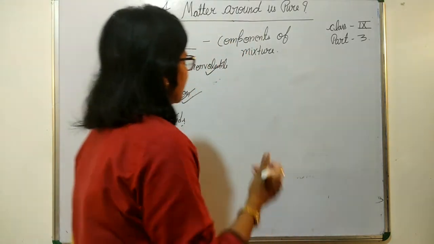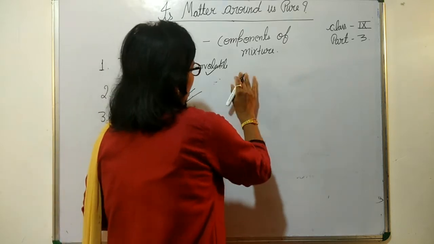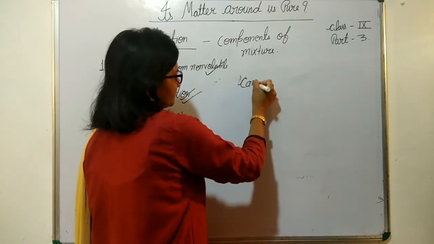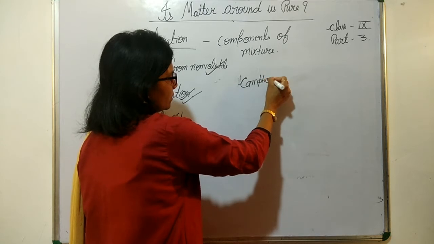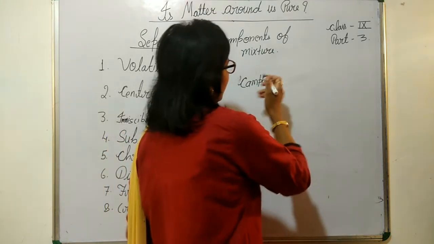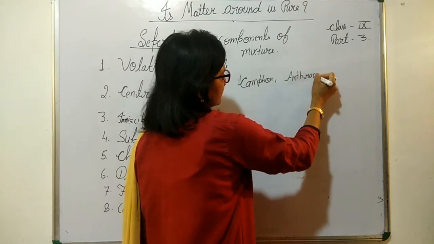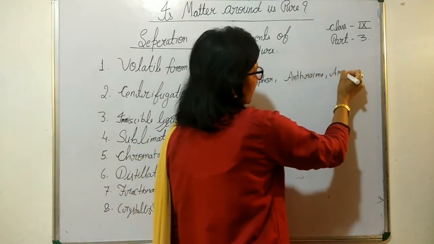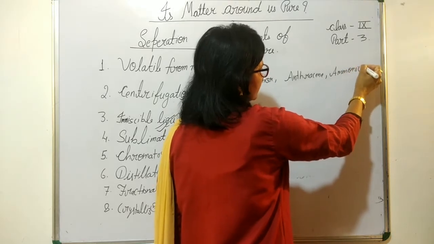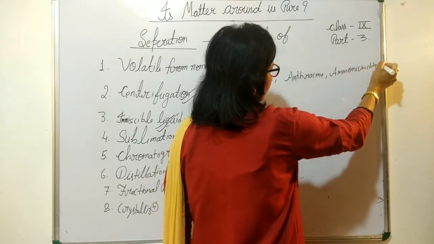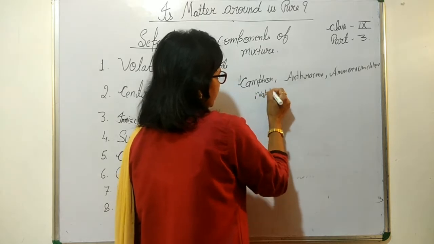There are some examples like camphor, or you call it kapoor in layman language, then anthracene, then ammonium chloride, naphthalene.